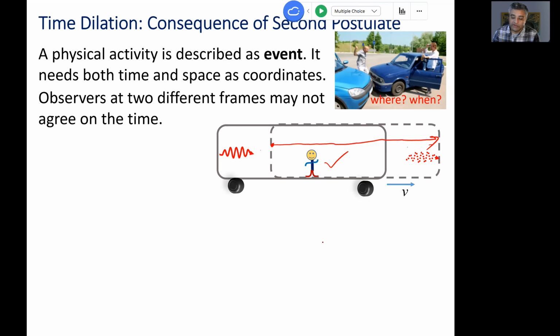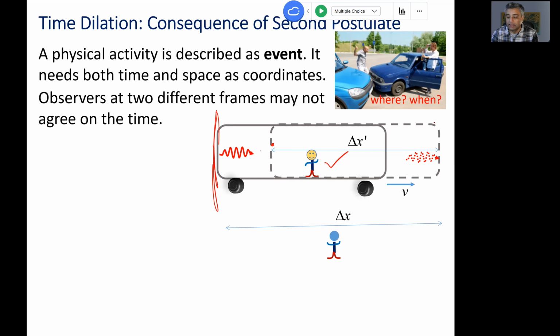But if you are standing outside and watching it, what happens? You see, oh, light started here. And then the light hit the front end when the car's front end is there. So that means it traveled that much distance. So these two observers don't have agreement in terms of distance traveled, okay?